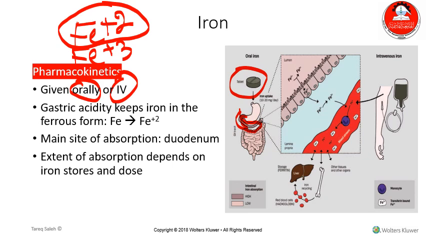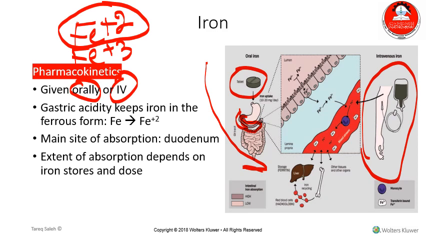Note here that with the intravenous iron, we don't deal with the absorption percentage process, because intravenous iron is directly administered into the bloodstream and can then circulate rapidly and directly into the organs that require iron for its functions, such as the liver and the bone marrow.